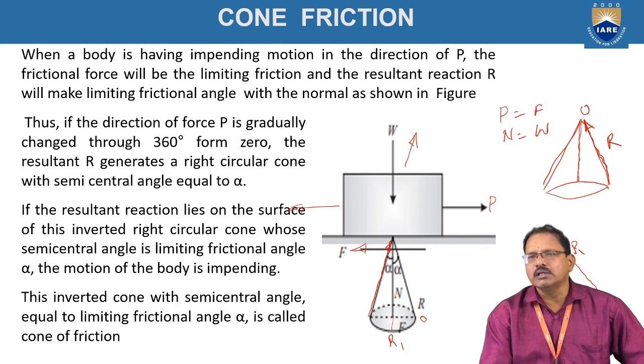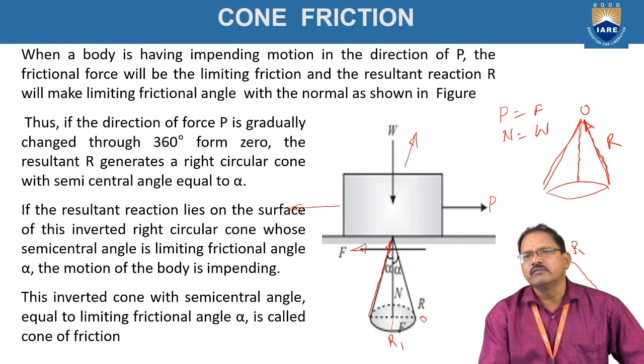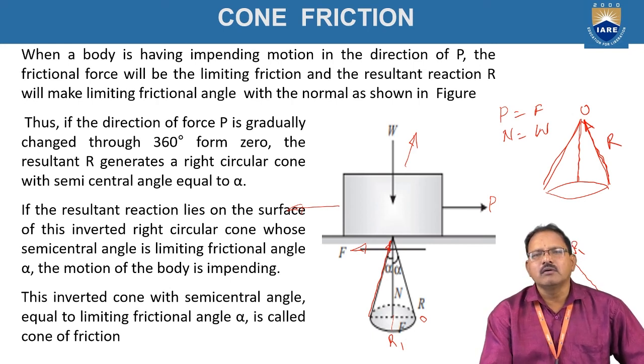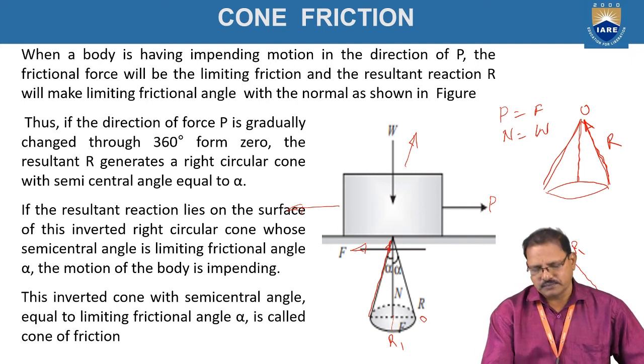If the resultant reaction lies on the surface of this inverted right circular cone, whose semi-central angle is the limiting friction angle alpha, the motion of the body is impending. This inverted cone with semi-central angle equal to the limiting friction angle is called the cone of friction.